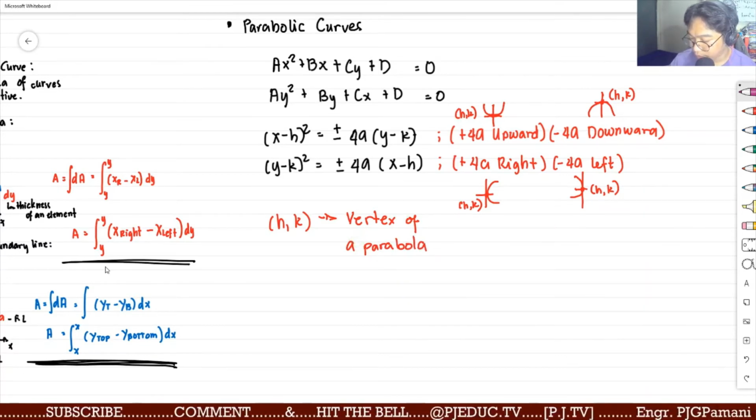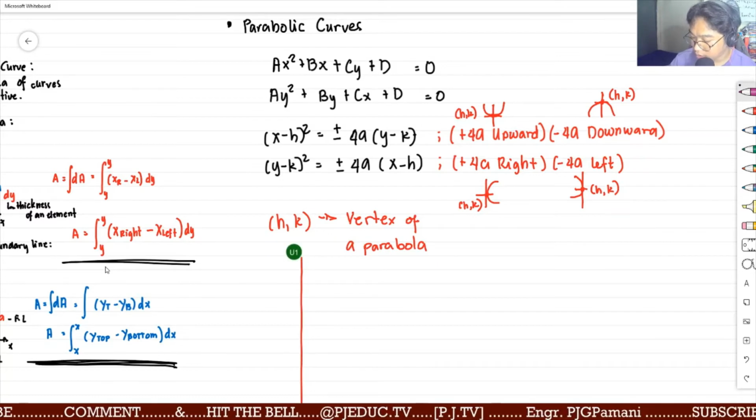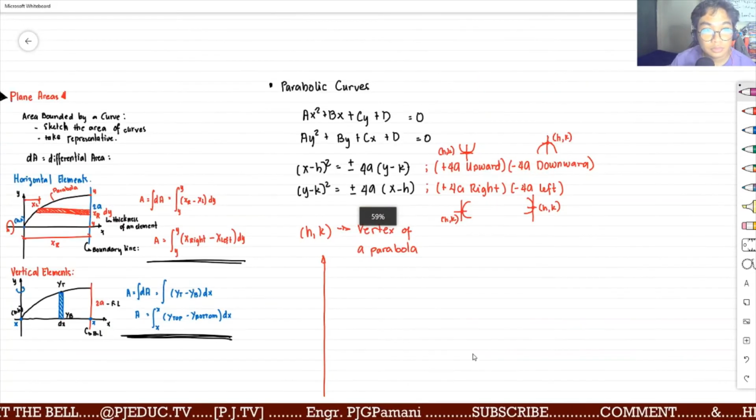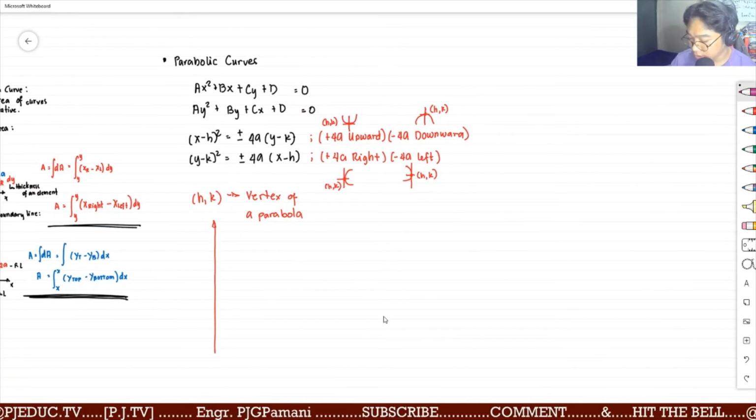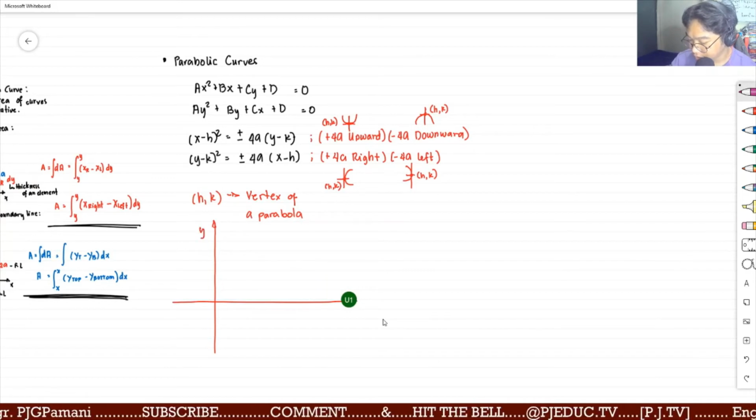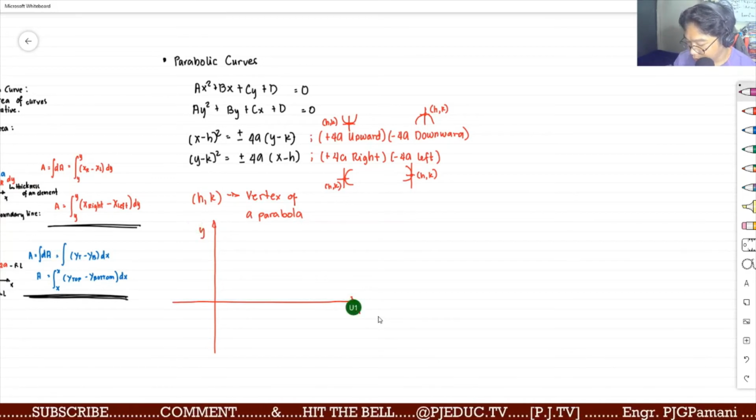If your parabola is plotted this way, let's just say your parabola is opening to the right.